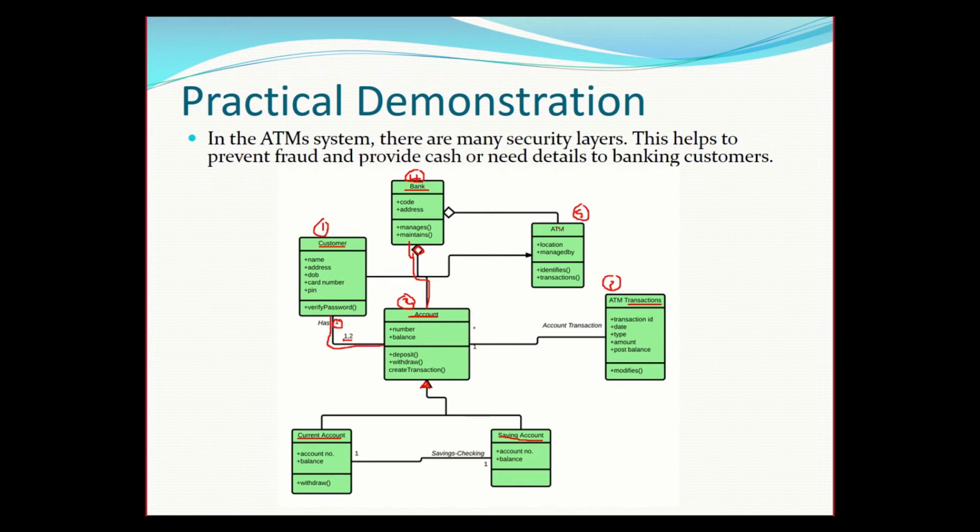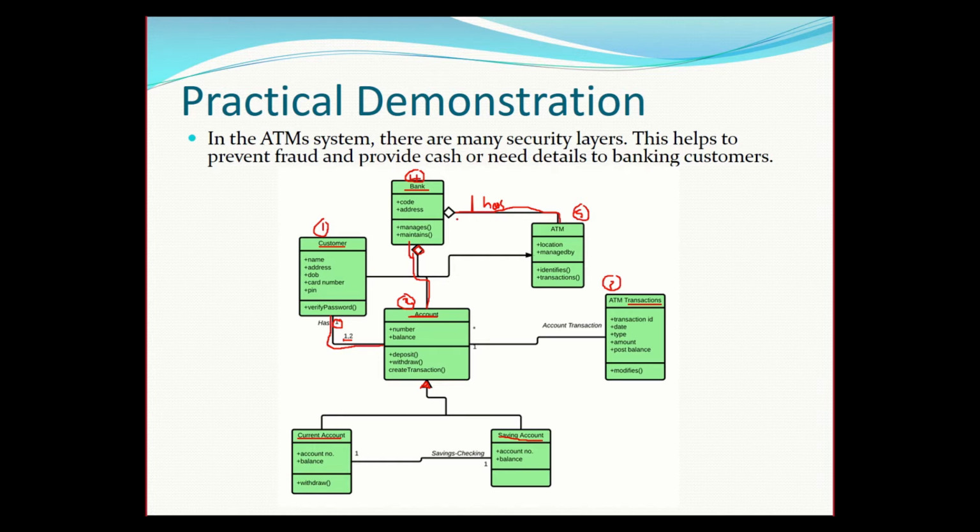And also the ATM is part of the what? Bank. So the bank will have ATMs as part of the banking system, but it's not necessarily to use the ATM. So it's not such a strong aggregation.